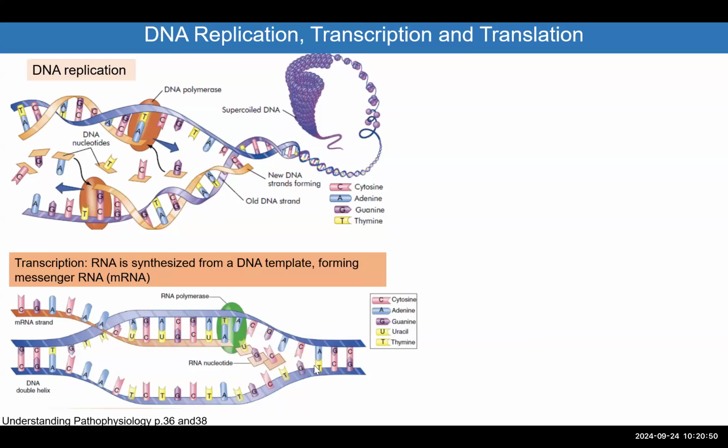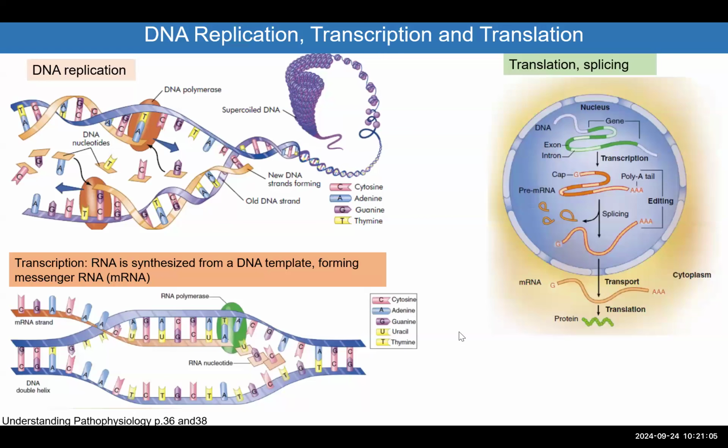Only one of the two helices is copied, so that we get a single-stranded RNA that is transcribed. And we get this messenger RNA, which will, in principle, be translated into protein.